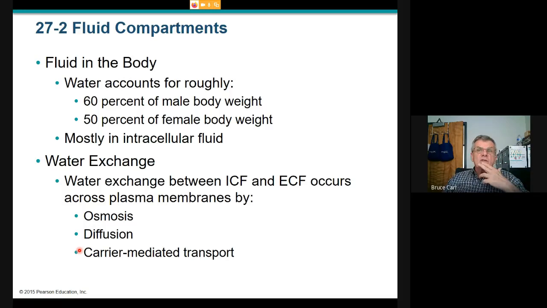I don't know if you've made this connection, but when you think about the concentration and diffusion issue, so if you have more molecules over here in my left hand and fewer over here in my right hand, in a space, diffusion is going to move it from high concentration to low concentration. When you move it across a membrane, if you have the right carrier, diffusion would always move it from high to low.